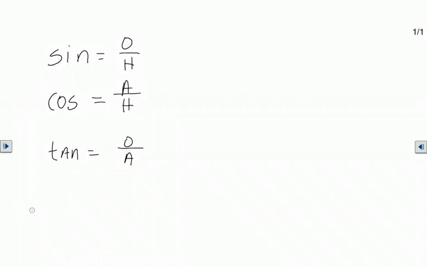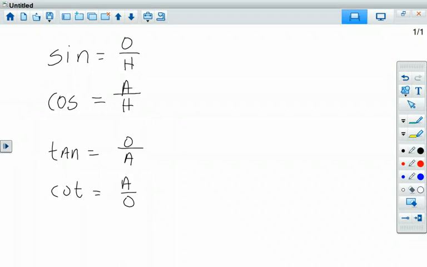Anyway, the reciprocal of the tangent is the what? Cotangent. So that's A over O. And you need to take that same reasoning and apply it to the reciprocal identities. Because if you go to the reciprocal identities, hold on, that's not supposed to be there.